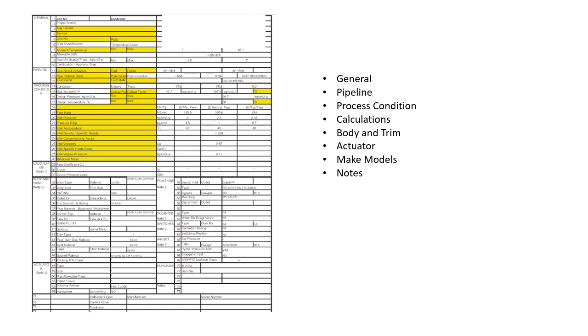It first starts with general, then it provides the details about the pipeline, then the process condition, then calculations, body and trim, actuator, make and models, and then notes if applicable. So now let's look into it in more detail.